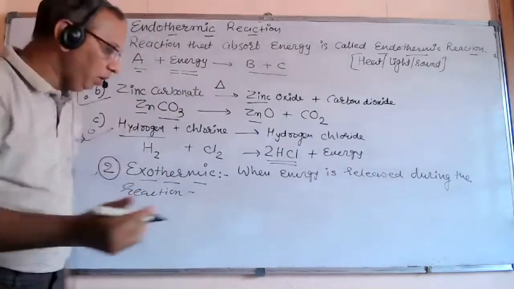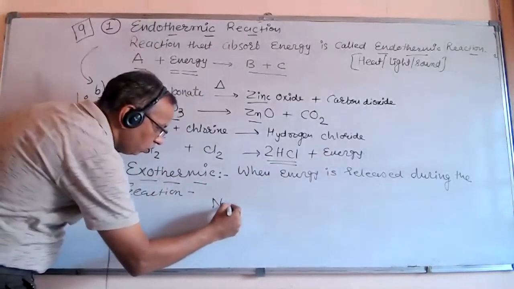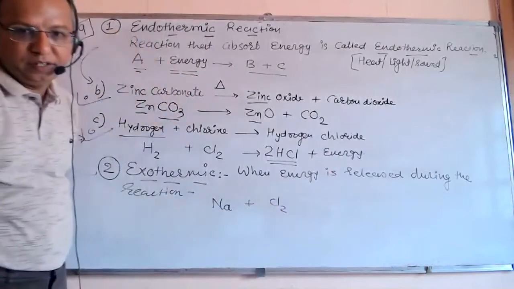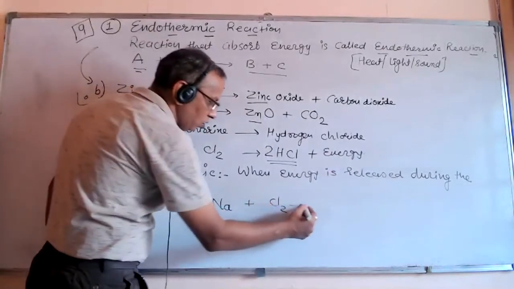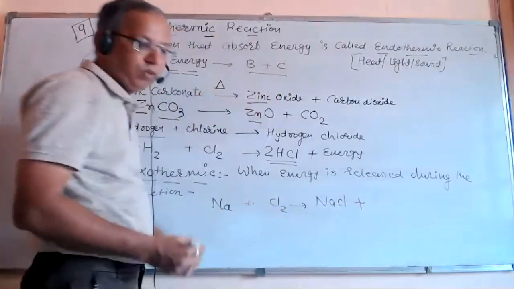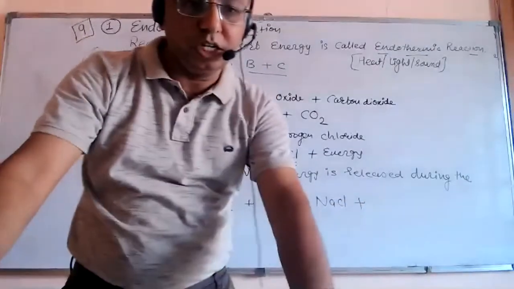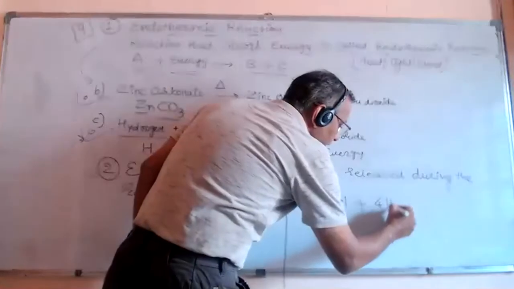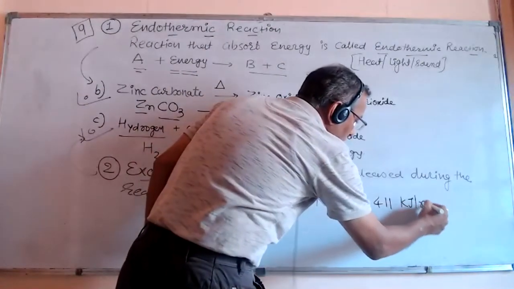One more example, if friends sodium reacts with chlorine, NaCl is obtained, friends. During this reaction, friends, we obtain 411 kilojoule per mole energy.